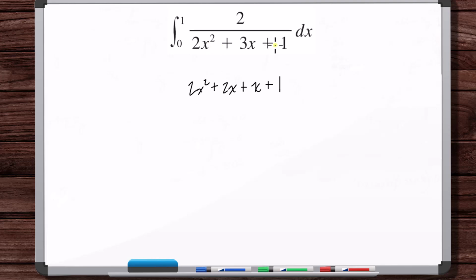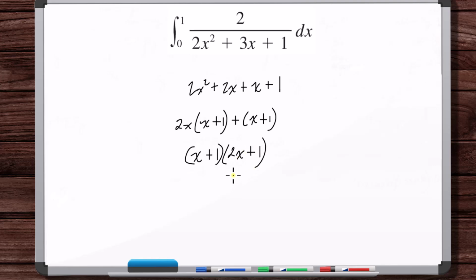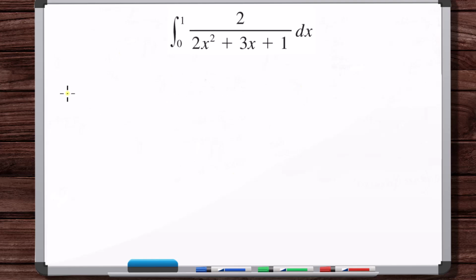Okay, so we haven't changed this expression, right? So now let's do grouping. With these two terms, we'll factor out a 2x, and that's x plus 1, and then plus x plus 1. So now let's factor out an x plus 1, and there we go: x plus 1 times 2x plus 1.